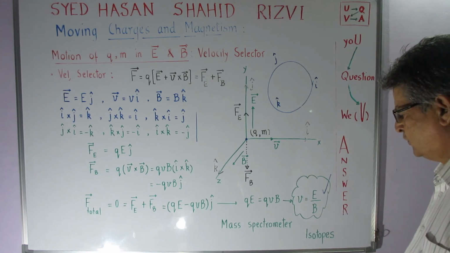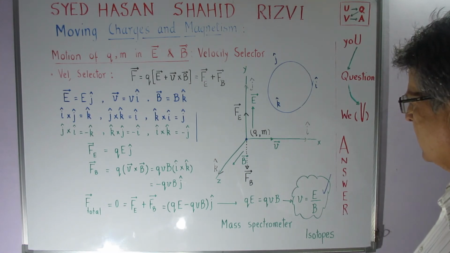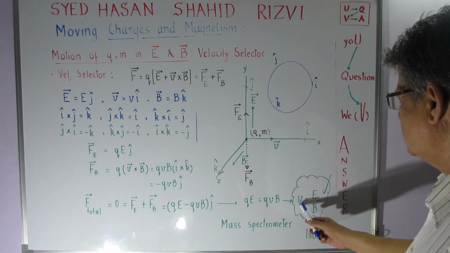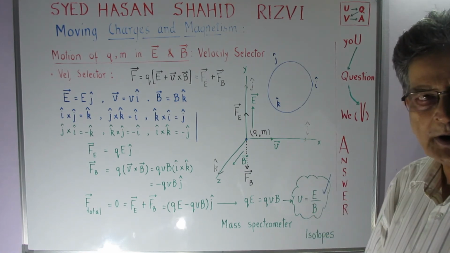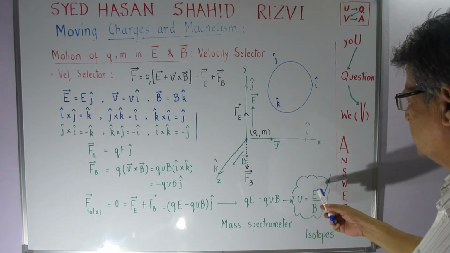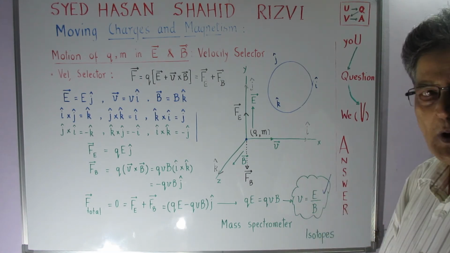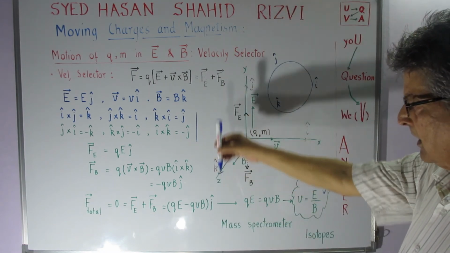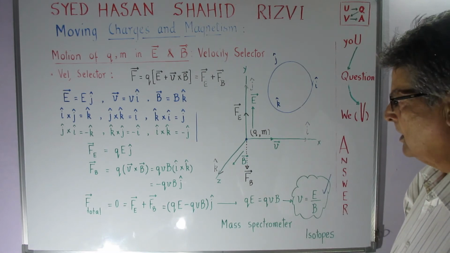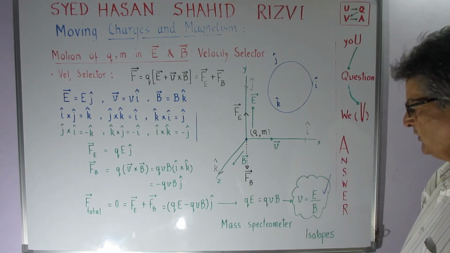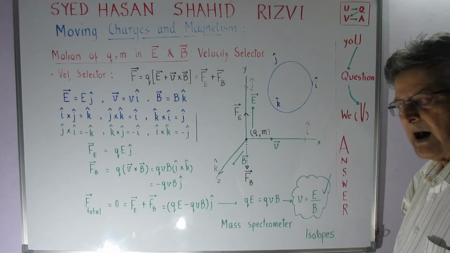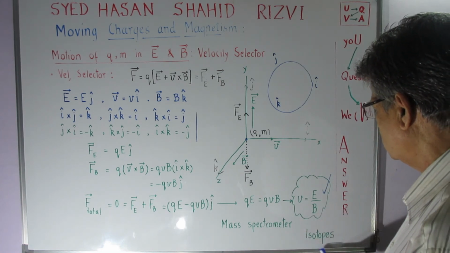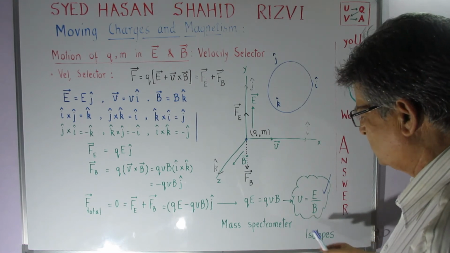So if the arrangement is such, then only those particles Q, m with velocities given by E by B will follow a straight path, which is required for a mass spectrometer. And there we can also talk about isotopes and so on.